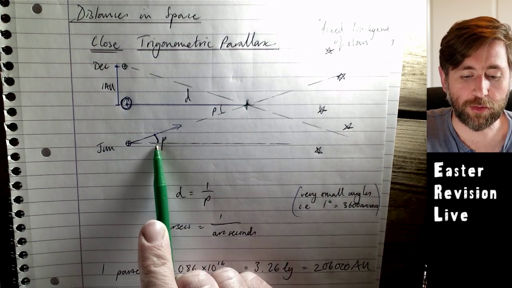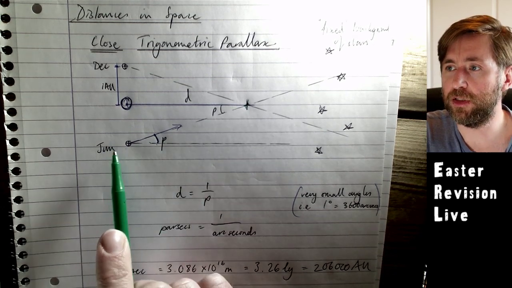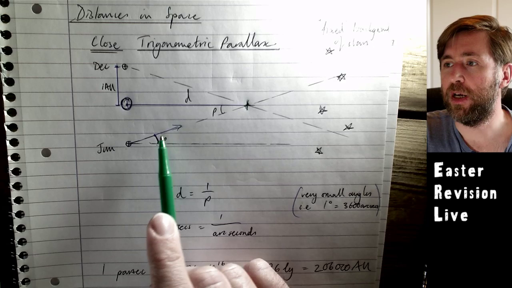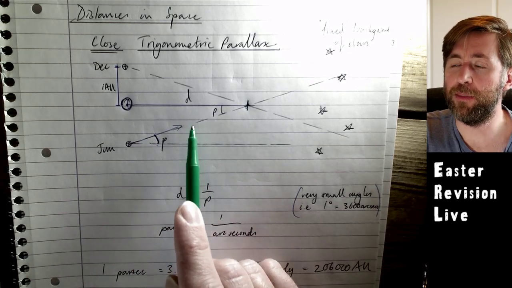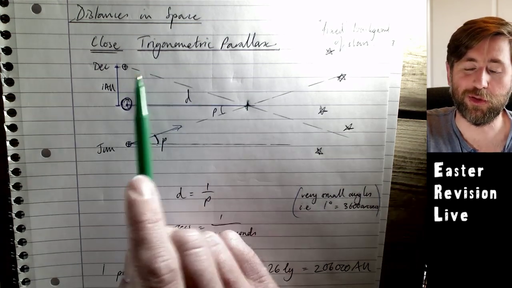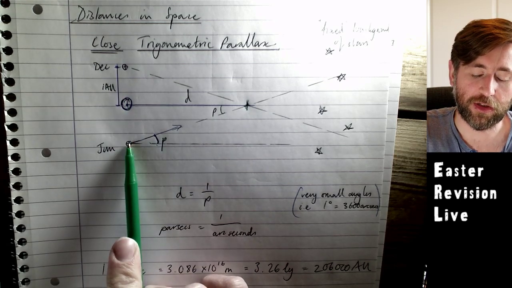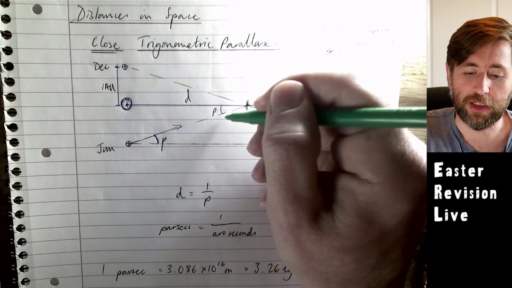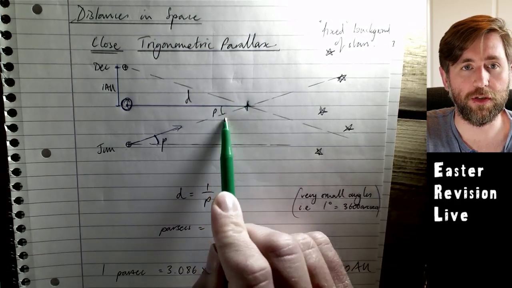And that angle P there is called the parallax angle. This is if the light was parallel, and this angle is what we actually see from that parallel. Now you need to measure it in 2 places, because really the parallax is between where you see it on this side and where you see it on this side. So really the parallax angle is this difference, this change between the line of sight on one side and the line of sight on the other side.